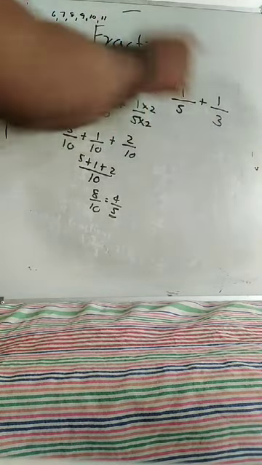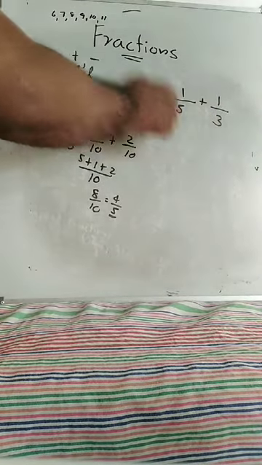Then tell me the multiples of 5: 5, 10, 15, 20. The multiples of 3: 3, 6, 9, 12, 15. Both meet at 15. 15 is 5 into 3, and 15 is 3 into 5. Then 15 is common, no?